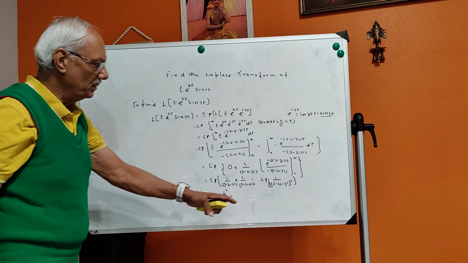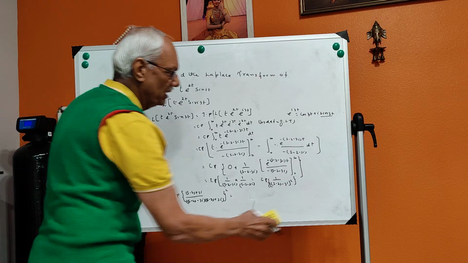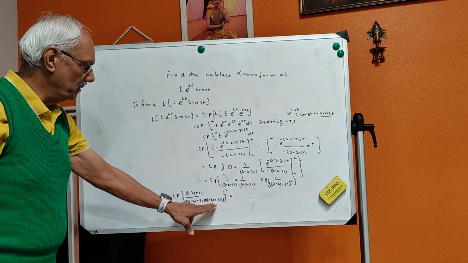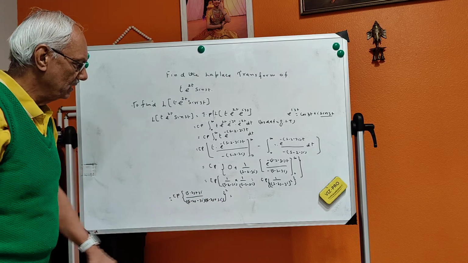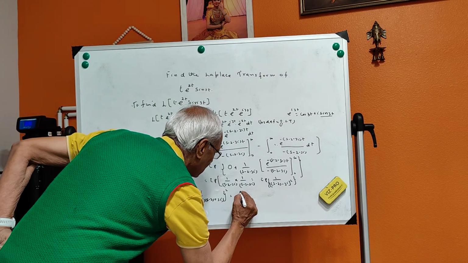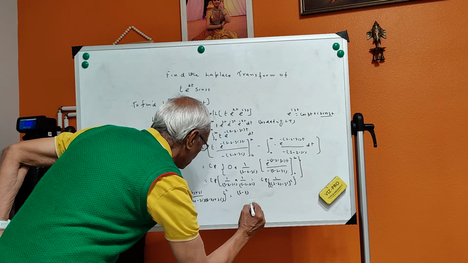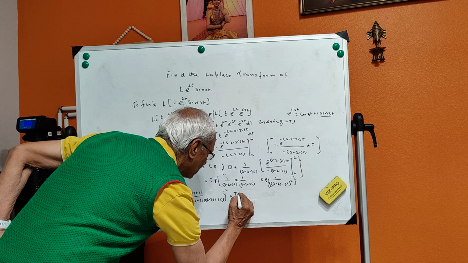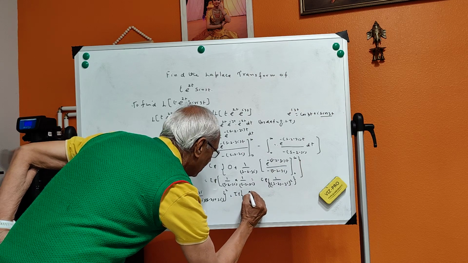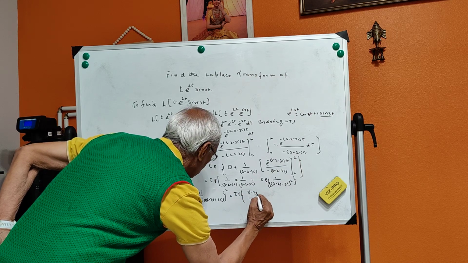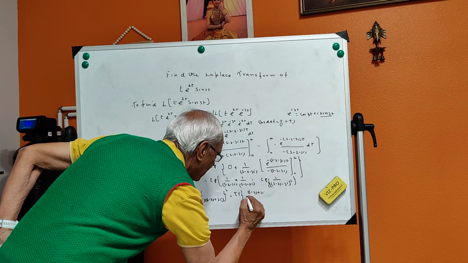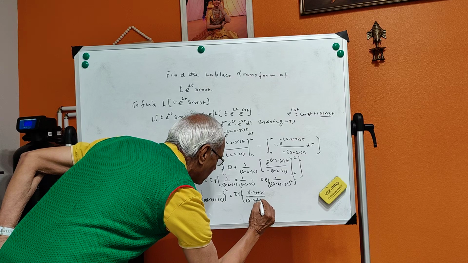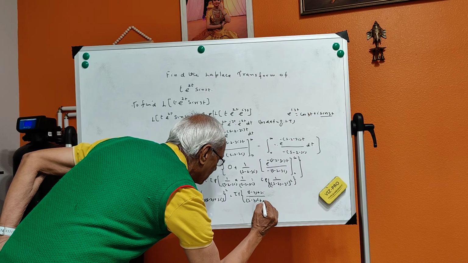I am multiplying the numerator and denominator with the conjugate. So s minus 2 minus 3i is multiplied by s minus 2 plus 3i, and what you will get here is the imaginary part of s minus 2 plus 3i divided by s minus 2 whole square plus 9.